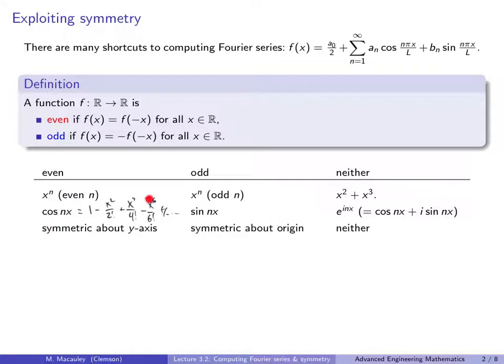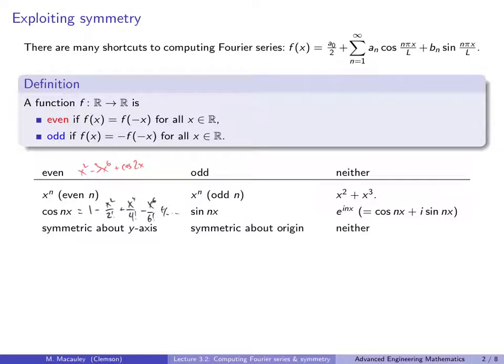Now, the even functions form a vector space. If I take things like x squared minus 3x to the sixth plus cosine of 2x, I still get an even function. These are closed under addition and also under scalar multiplication. 0 is an even function. 0 is also an odd function. It satisfies both of these easy requirements.